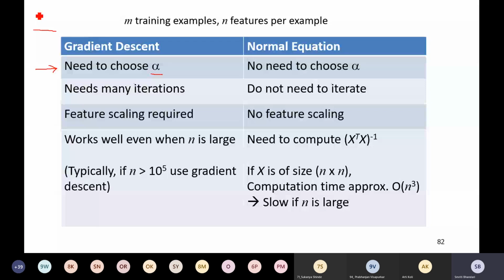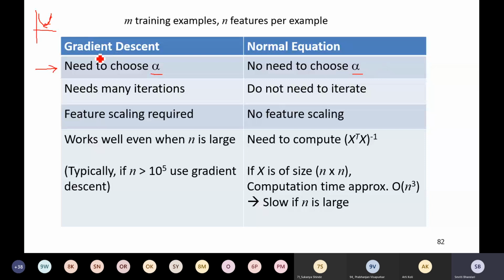Based on that learning rate, we decide the step size, and by deciding the step size, after a few iterations we come to the optimal value of theta. In normal equation, we do not have such a concept, and we need not select any learning rate alpha. Such a parameter does not exist for normal equation.